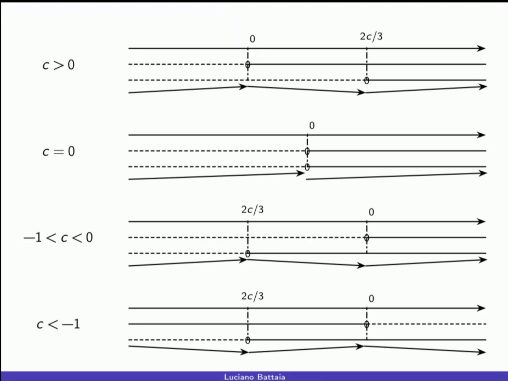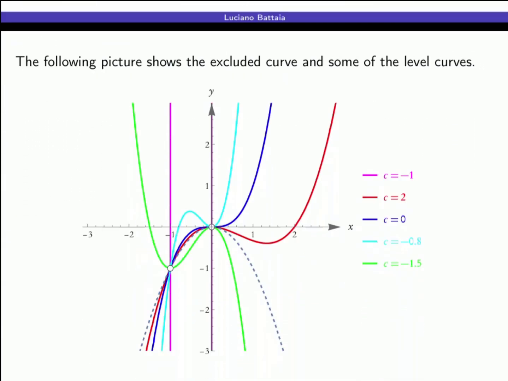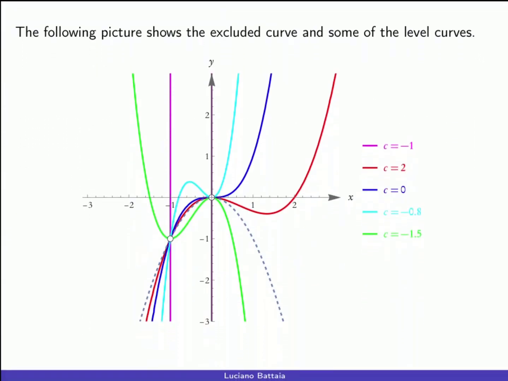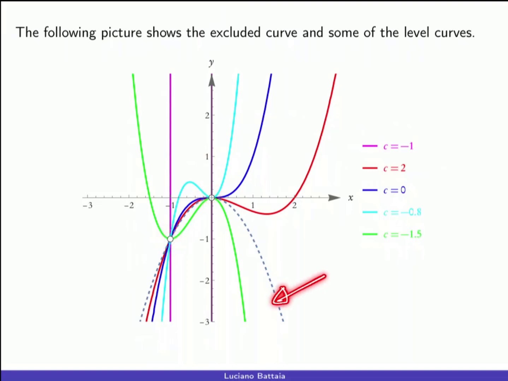And we obtain the following picture where we have represented some of the curves, beginning with c equals minus 1 when we have the two vertical lines x equals minus 1 and x equals 0, with the exclusion of the points that intersect these two lines with the parabola that makes the denominator equal to 0.